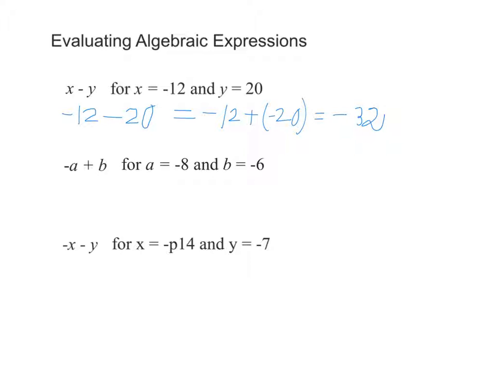For the next expression, a is negative 8 and b is negative 6. But you see there's already a negative sign in front of the a. That means we're going to have an opposite of negative 8. So that extra negative that was in front of a will carry down into this part.